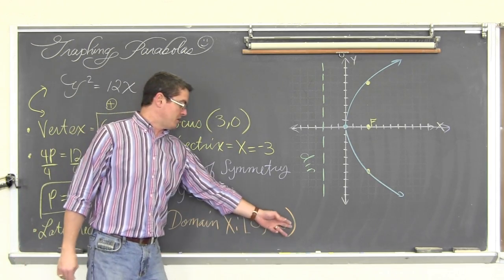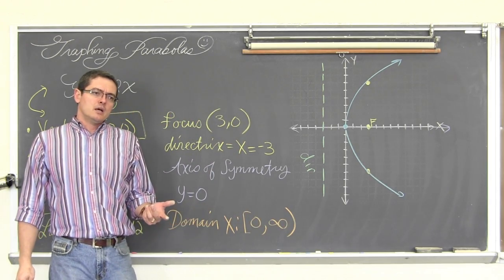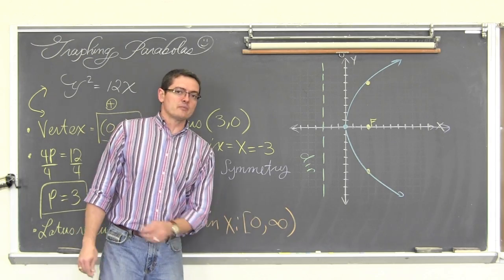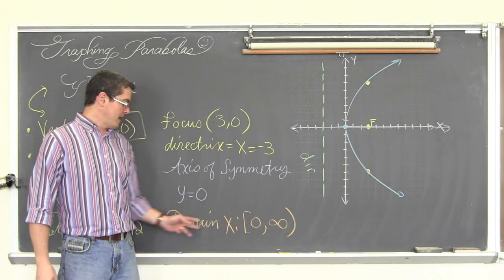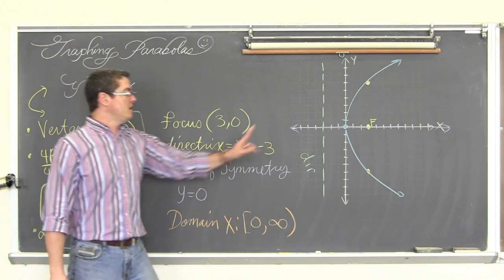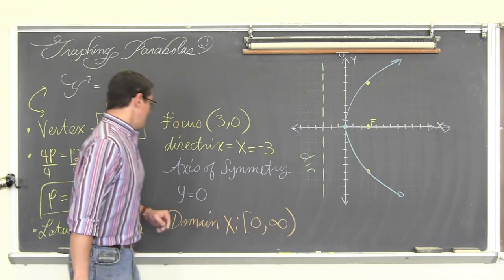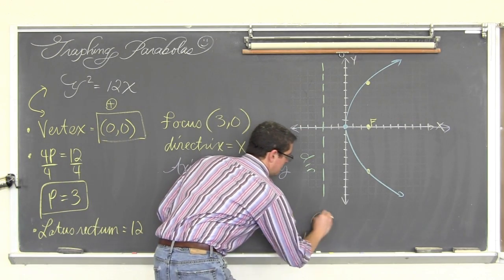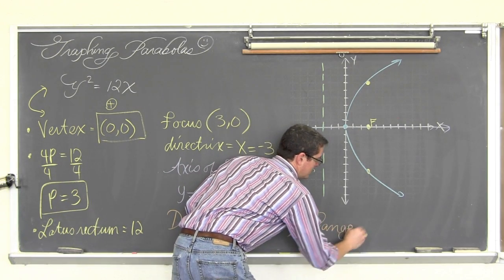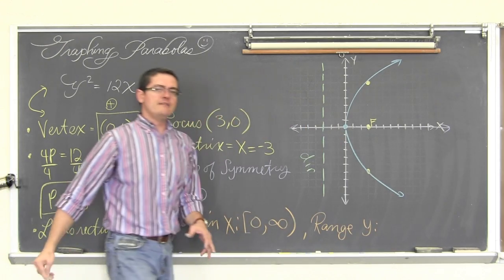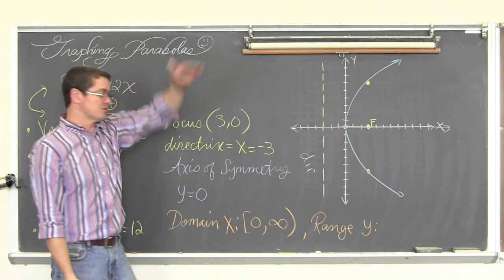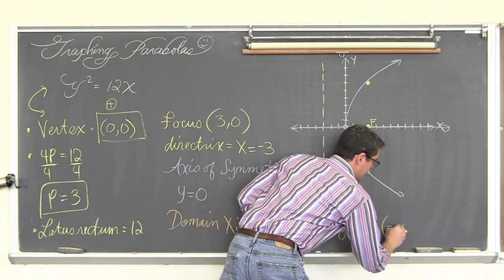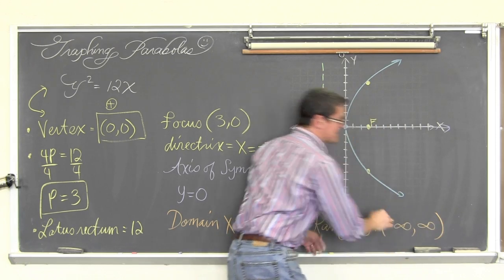My pre-calculus book prefers you to use interval notation for domain and range. You might be just saying that the domain is x is greater than or equal to 0. Range, well, those are your y values, and this graph goes up and down forever. So your range is going to go from -infinity to positive infinity.